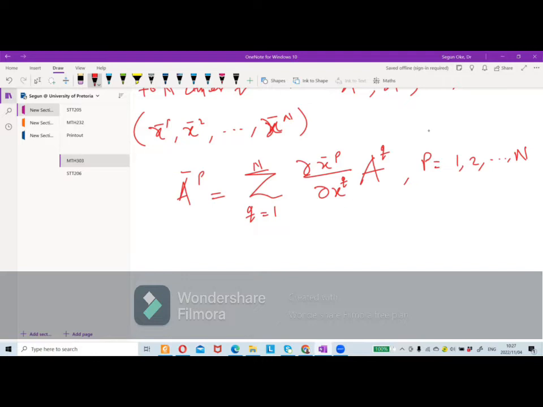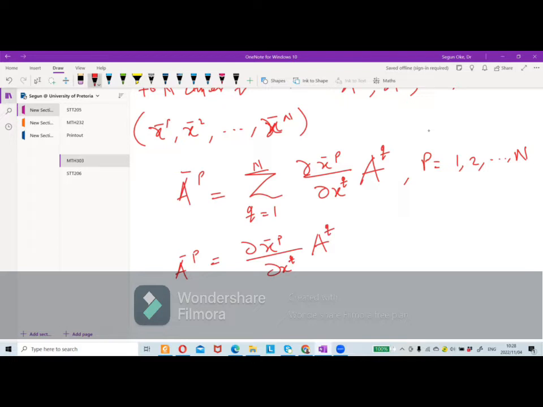The convention adopted can simply be written as a bar p equals the partial derivative of x bar p over partial derivative of xq, everything multiplied by A. This is called the component of a contravariant vector or contravariant tensor of the first rank, or first order. It depends on what area you are working on.